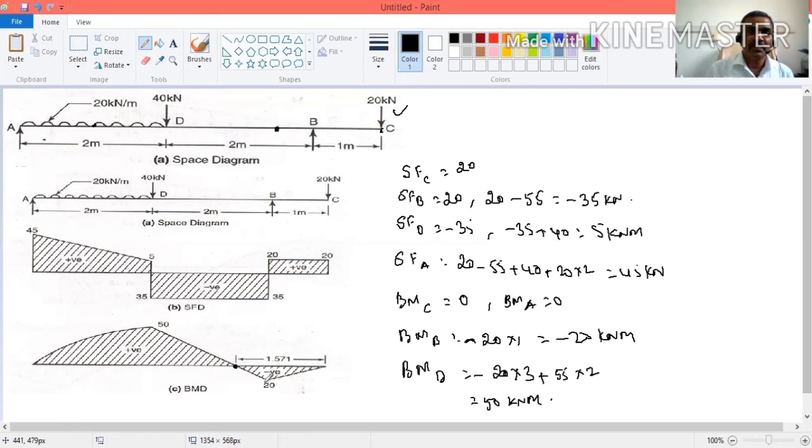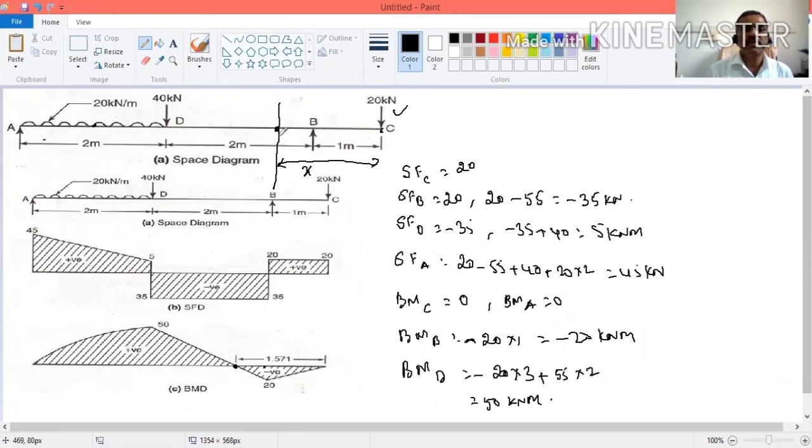This is point B, and it is coming after that. It is somewhere here. Now you write the bending moment equation for this. Take this distance as x, some x.